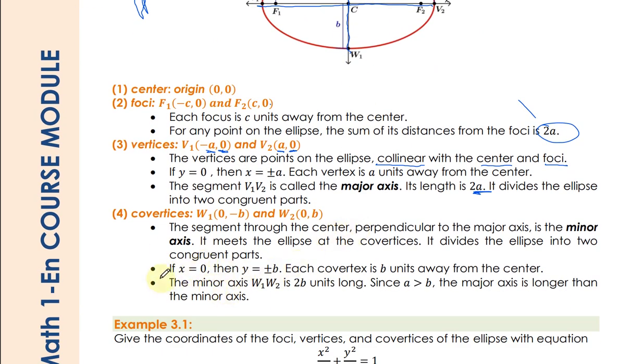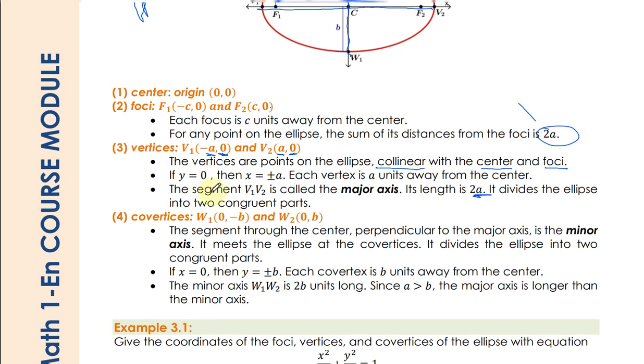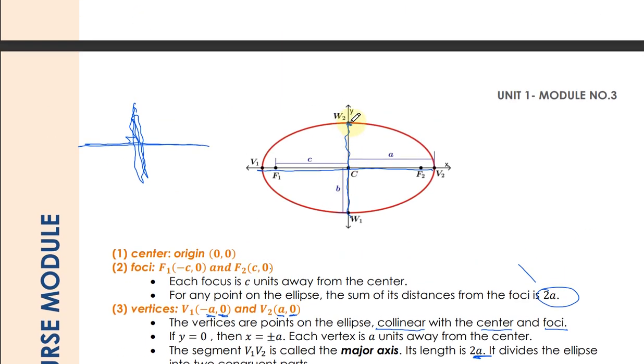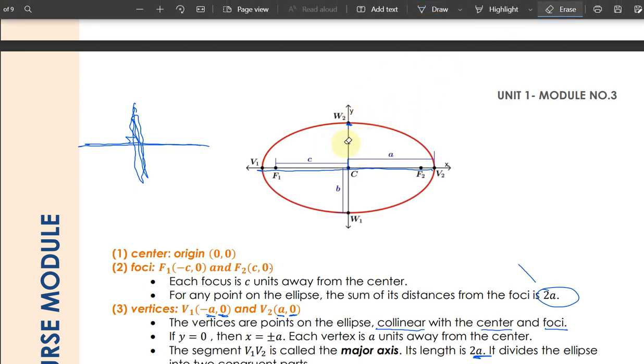So this time it is reversed. If x is equal to 0, then y is equal to positive or negative b. Earlier, y was 0. This time, x is 0, so it lies on the y-axis. It has no x coordinate since x is 0. So the coordinate is 0, positive or negative b, because b is the distance from C, your reference point, going to your co-vertex.